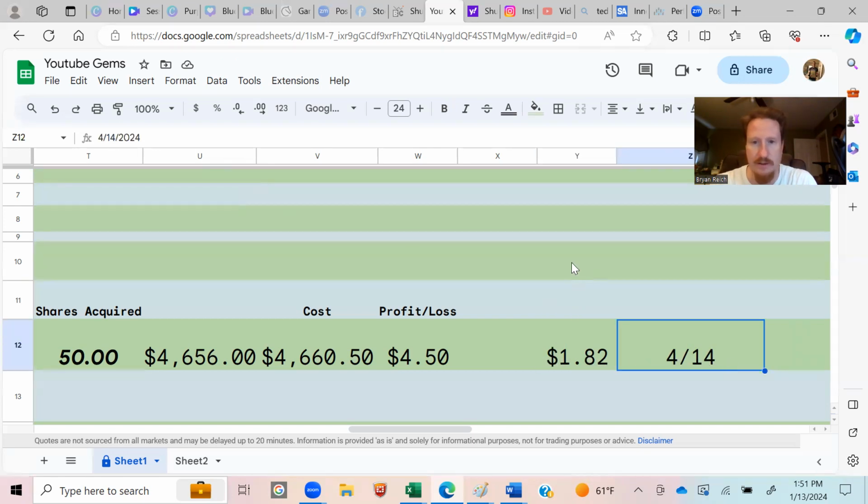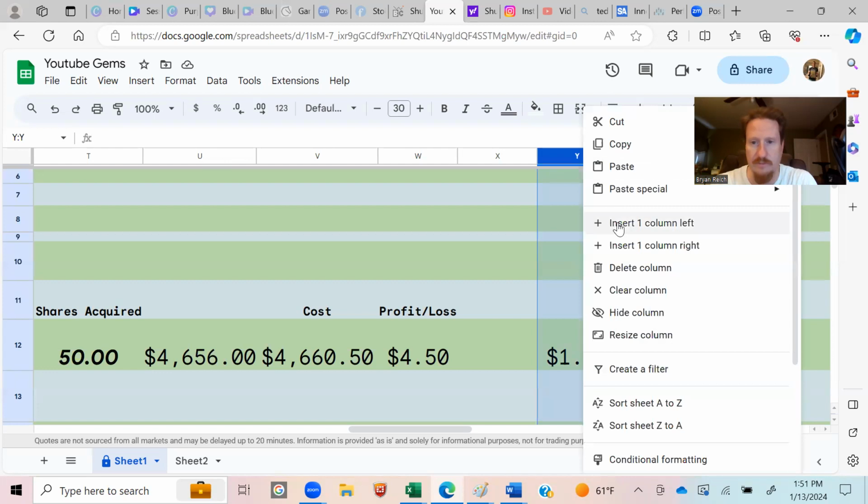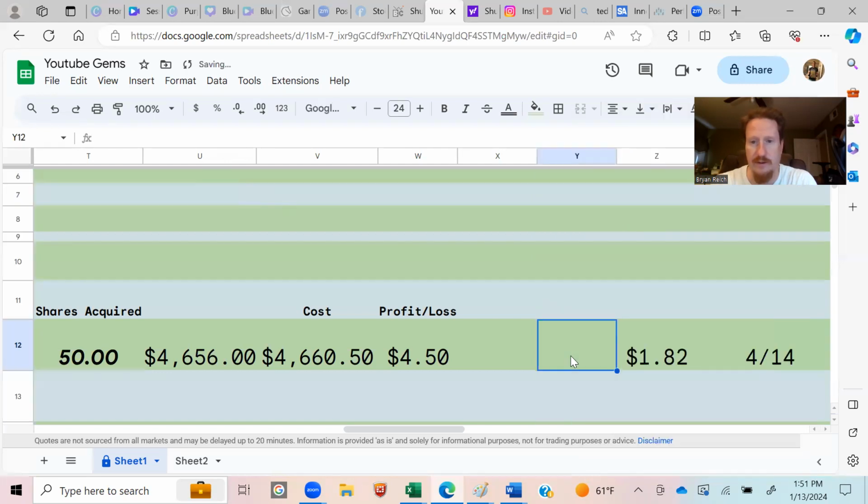And then we can add another column to the left, and we can go equals, and then the shares that we acquired, and then multiply times this number, and boom. So on April 14th, if that's the payout date this year, we're going to receive $91.